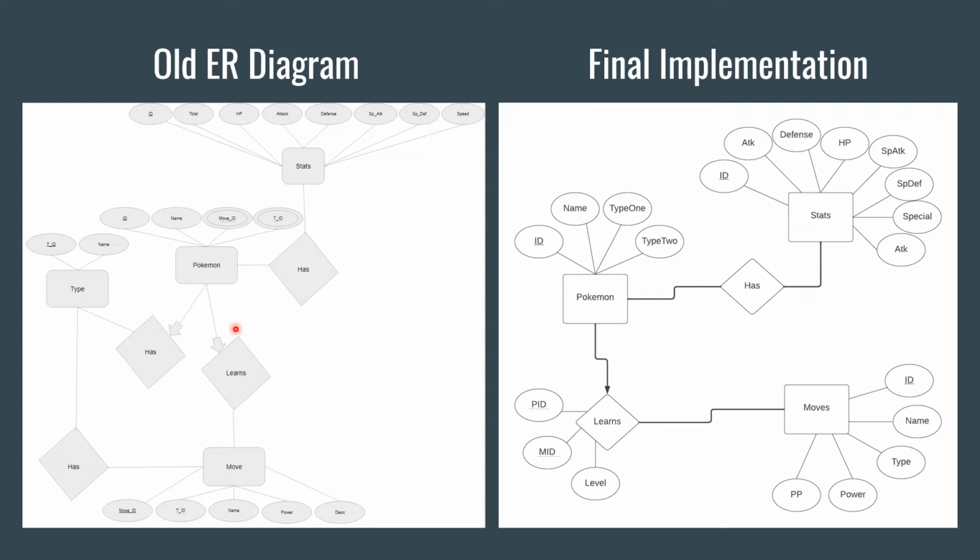The final version of this database solves the redundancy in the original design with fewer relationships while retaining the same amount of data. So you can see we got rid of the type table here and just added it as attributes for Pokemon and moves, and that just made the design a lot simpler.